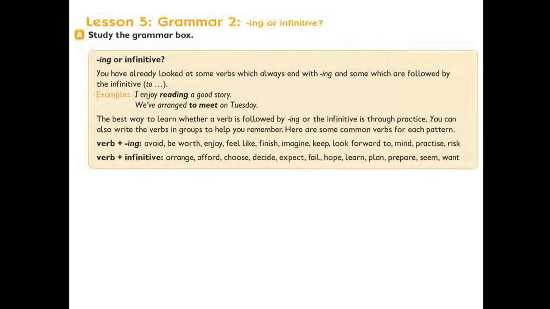Section A, study the grammar box, ing or infinitive. You have already looked at some verbs which are always followed by ing and some which are followed by the infinitive too. This is from the last lesson, lesson 4.